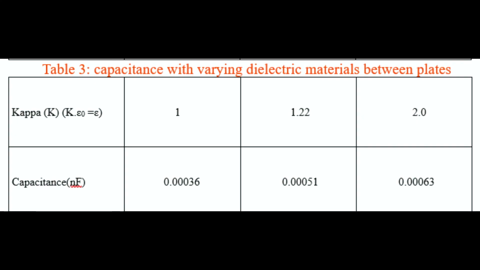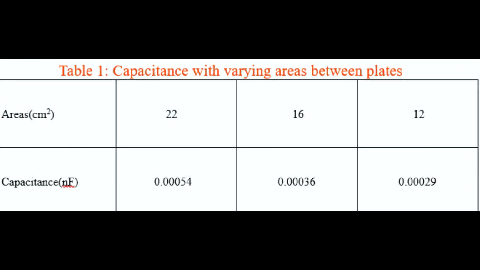As we expected, the relationship between experimental capacitance and the dielectric constant is an almost linear relationship. Again, as we expected, the relationship between experimental capacitance and areas of plates is an almost linear relationship.